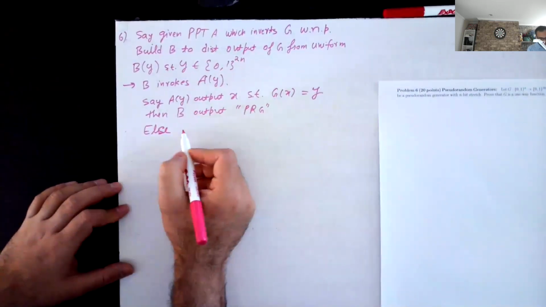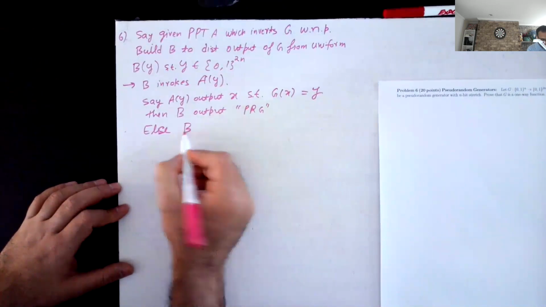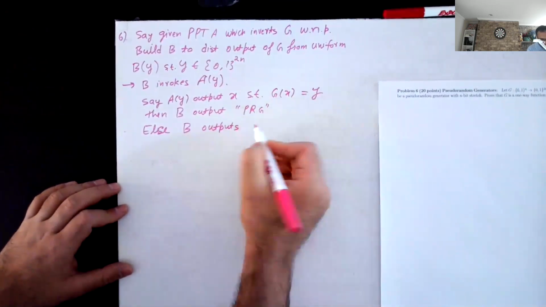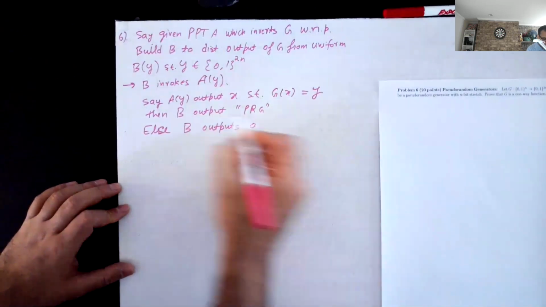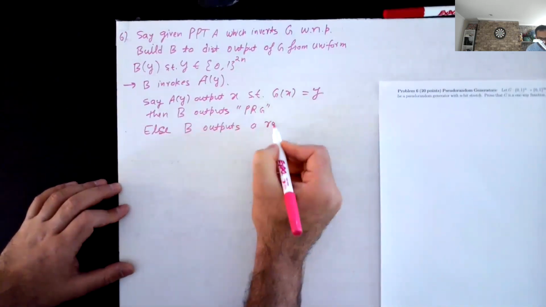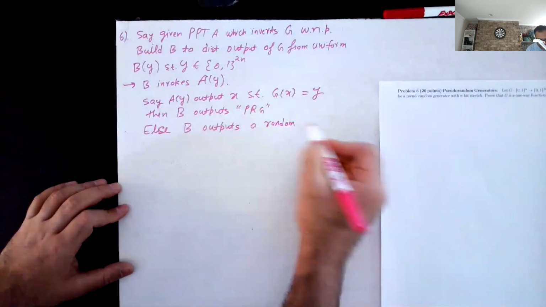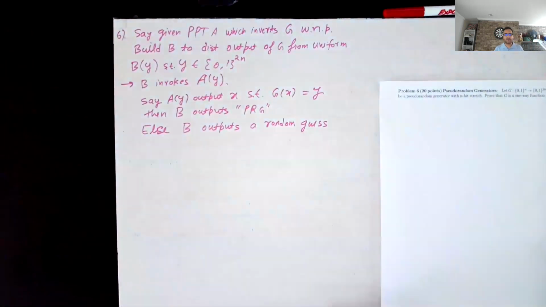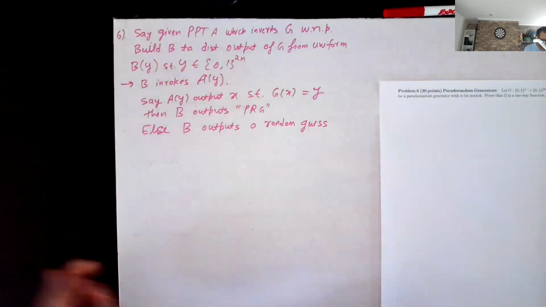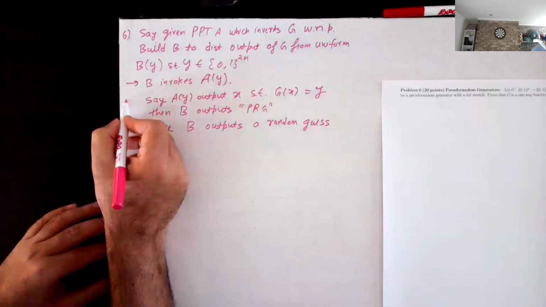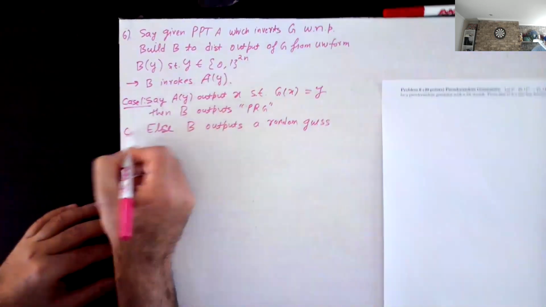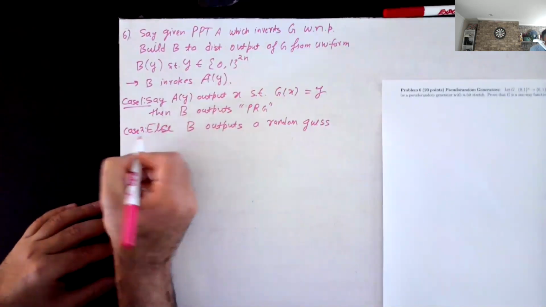Else, what does B output? Else B outputs a random guess. With probability half, B guesses PRG. Probability half, B just says random. This is case 1. This is case 2.